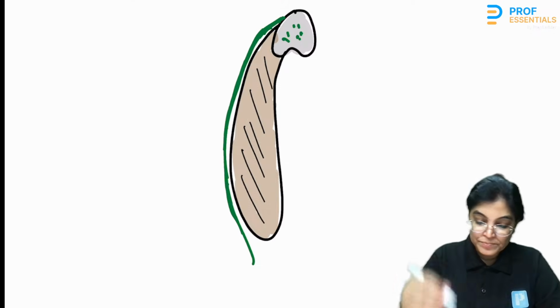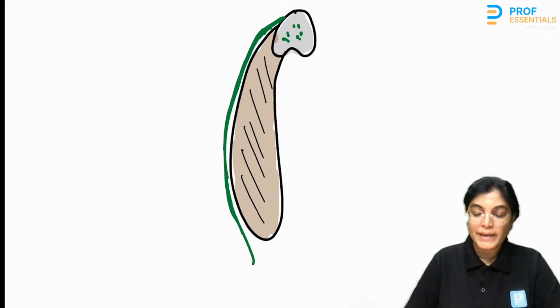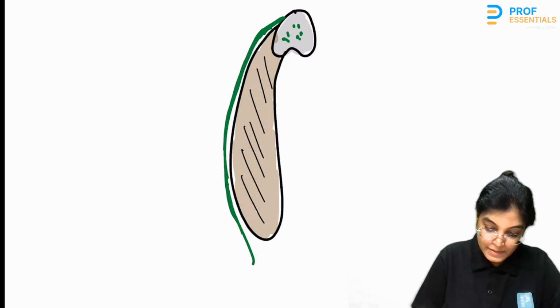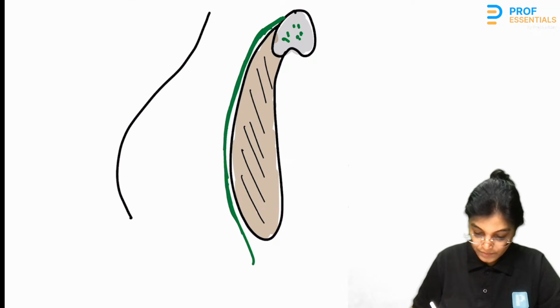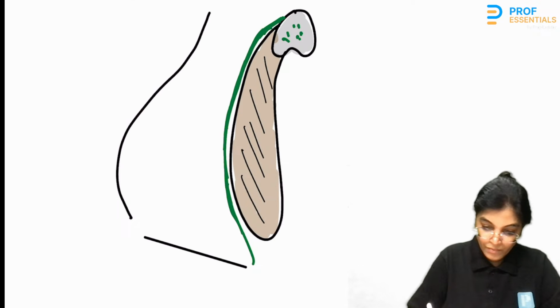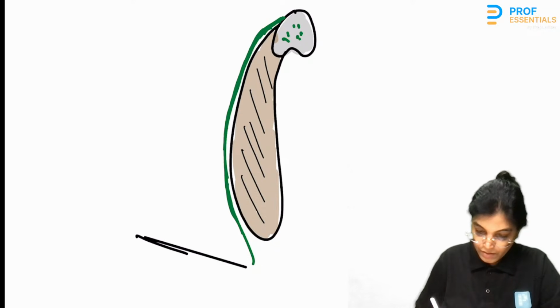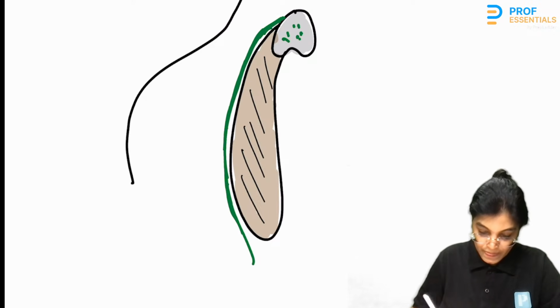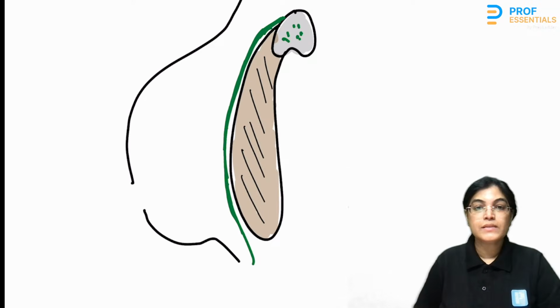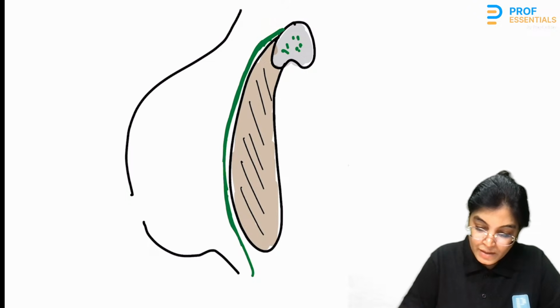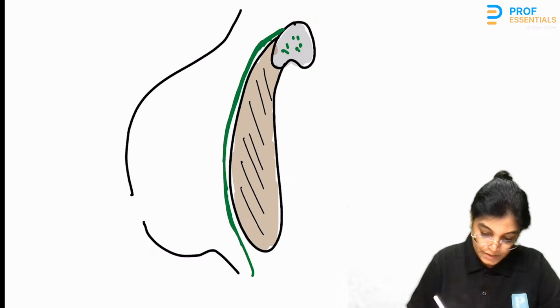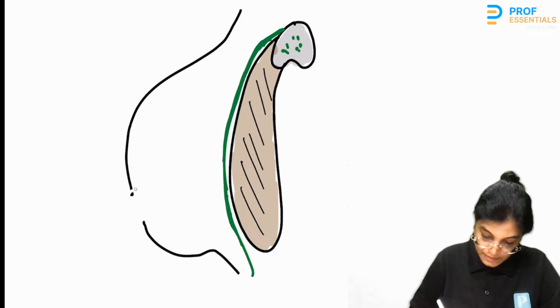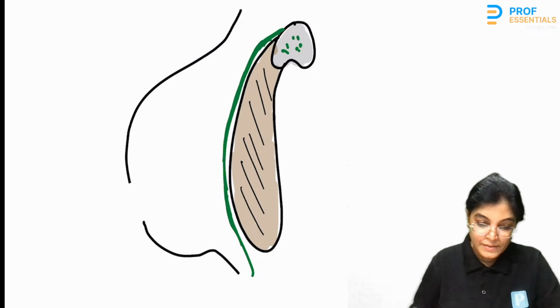Okay, the same outline. Then we should also draw the outline of the breast. Okay, this is the outline of the breast. Now I will use here to make the lactiferous ducts and all.